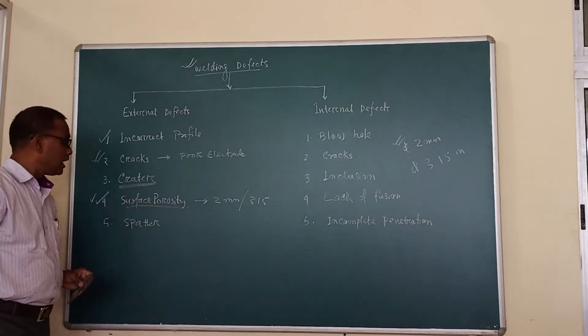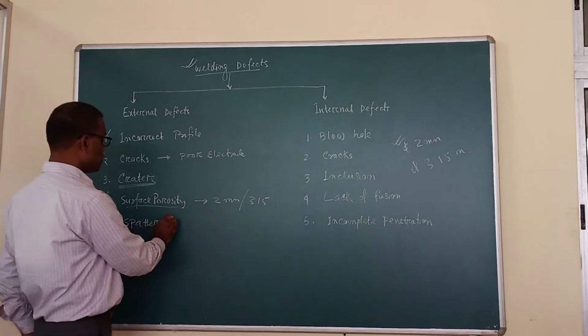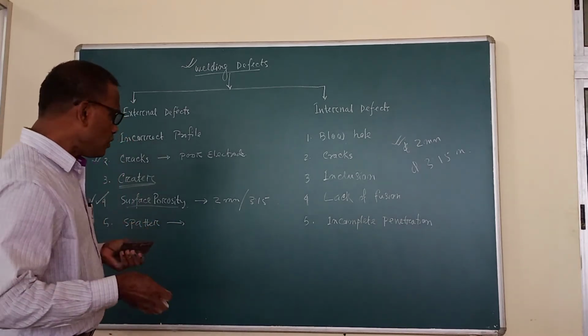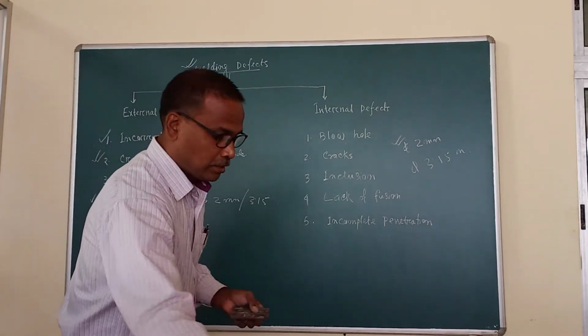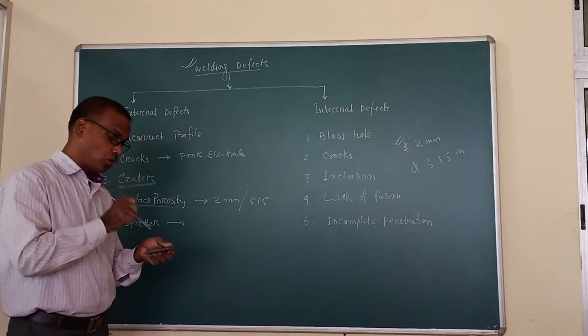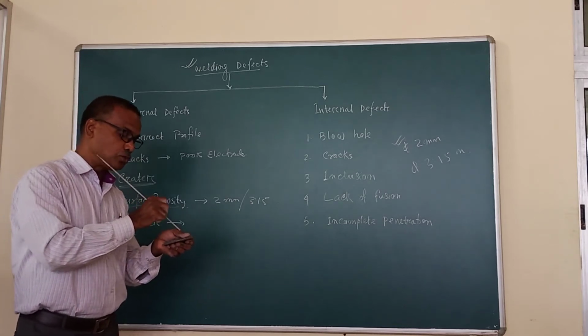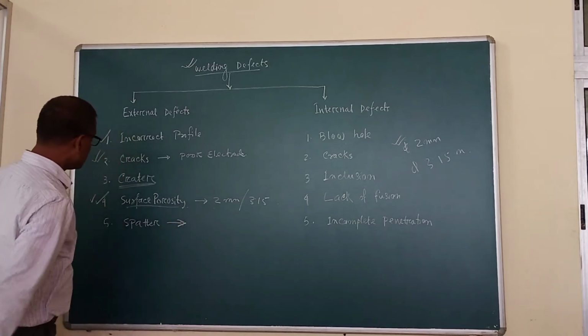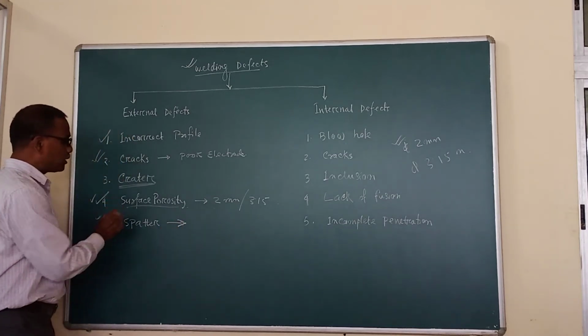Next, spatter. This is also due to less skill. Always, if you want to weld, you should have confidence and say, I know how to do the welding. If you lack skill, then you have spatter. What is spatter?